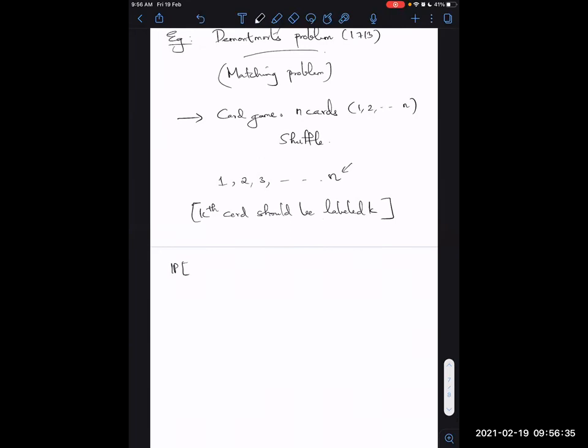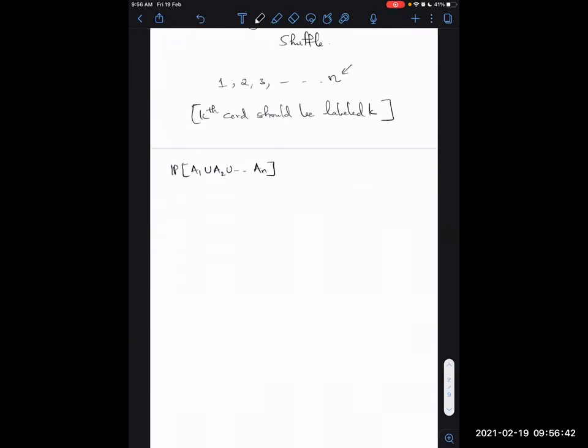So to define it formally, what I'm saying is the probability that this happens, where we have events A1, A2, A3 up to An. So Ak is defined to be the event that the kth card matches its position.